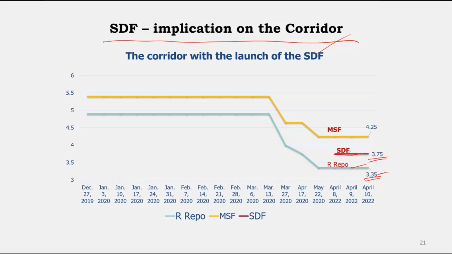So the SDF will become the new lower bound, and it will form part of the corridor. Okay, so this will be the corridor instead of the earlier corridor structure. So the new corridor will be between the MSF and SDF. The MSF rate is at 4.25%, the SDF rate is at 3.75%, so there is a 50 basis point gap between the lower bound and the upper bound.